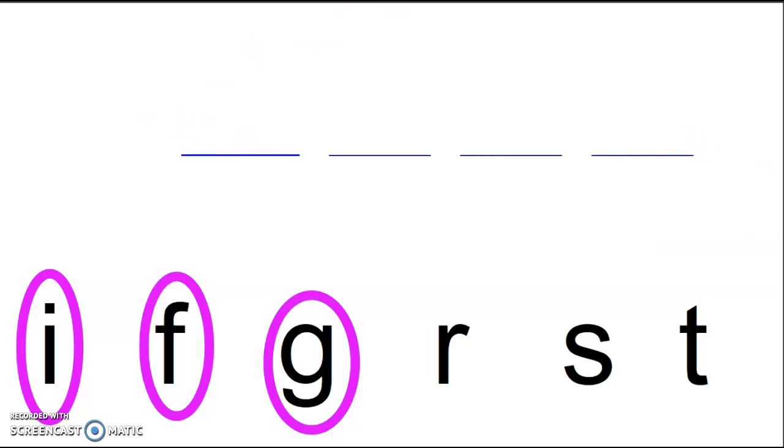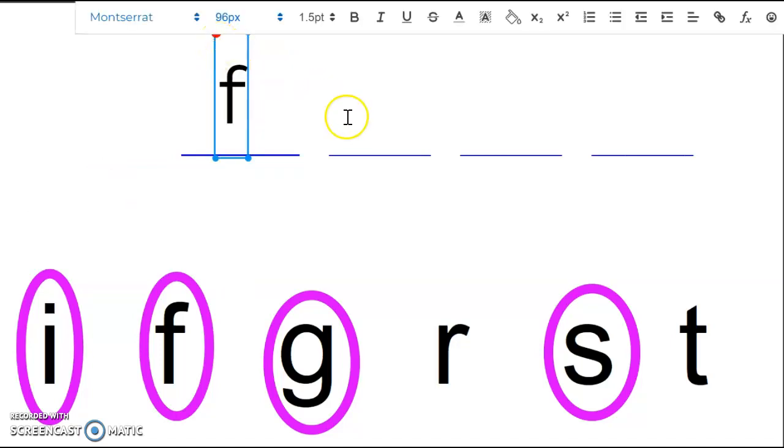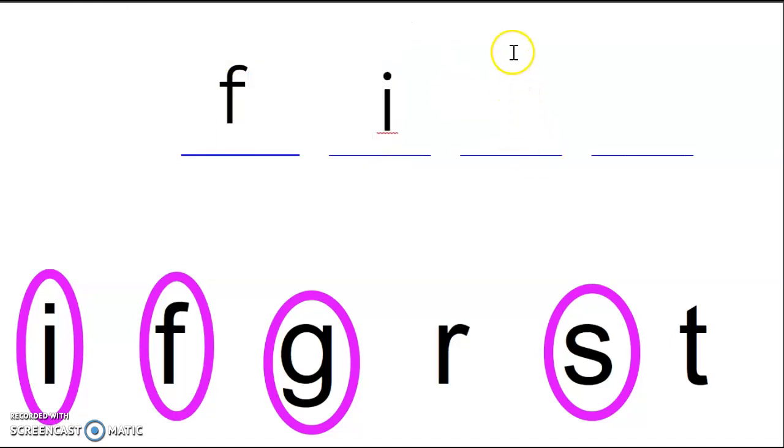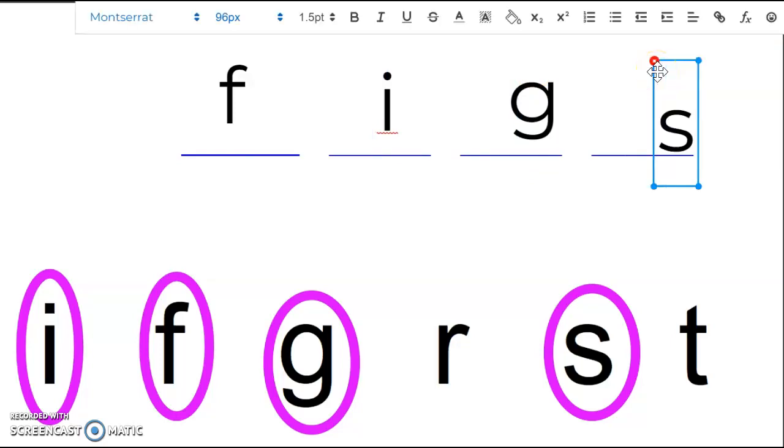What letter makes the S sound? Correct. S makes the S sound. So if we were to spell out our word figs, it would look like this: F, I, G, S.